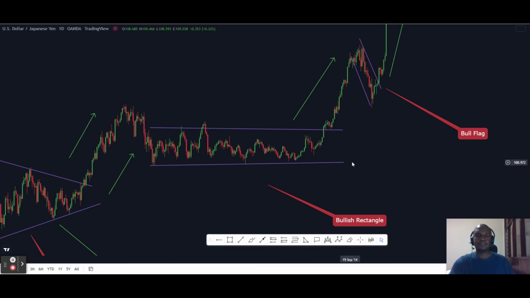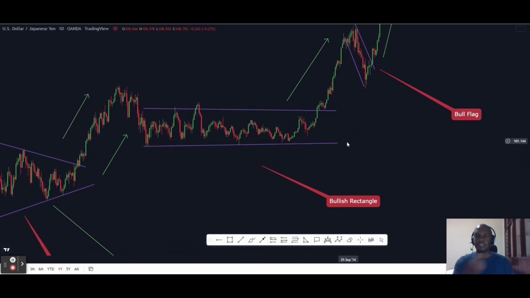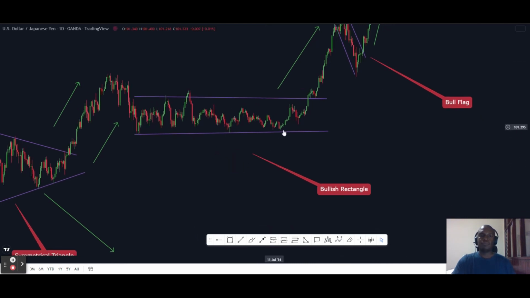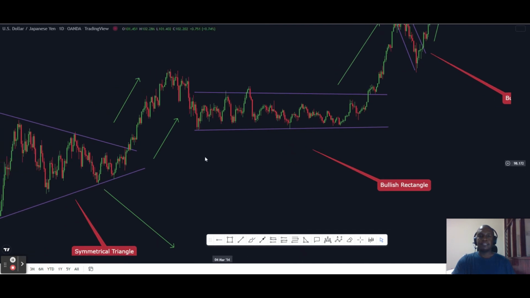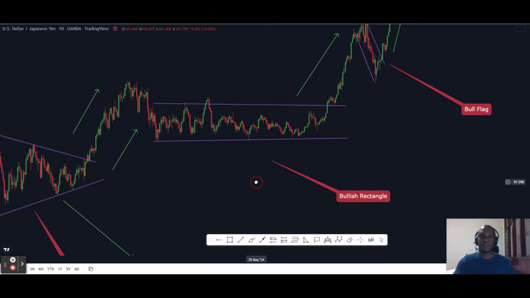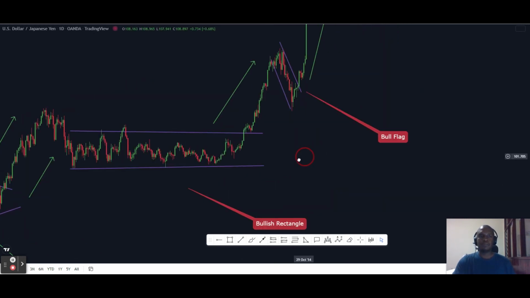So this rectangle is bullish because it's now coming from the bottom, from the bulls, and it continues to be bullish again. But there's a possibility that the move can also go either way. So you have to also be careful, but there's a high chance that it will break to the upside. So in most cases, when you see this pattern, you need to expect or anticipate continuation to the upside.